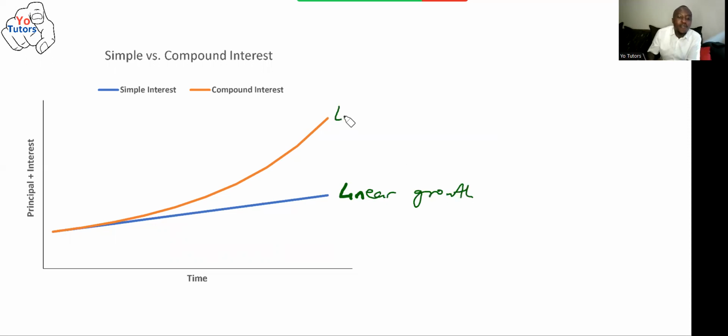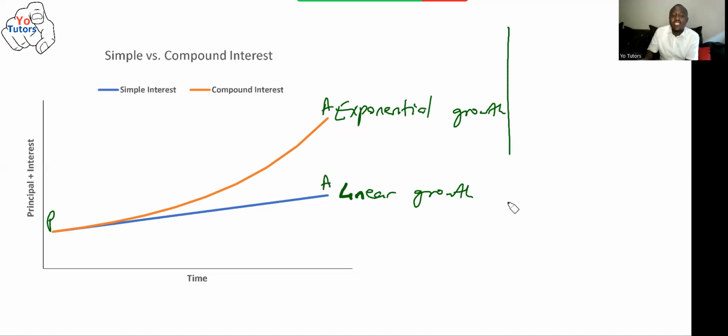Then here is exponential growth for compound interest. So it's better to invest with compound interest than with simple interest, because you earn more money. Here is our principal, the initial amount, then this one is the accumulated amount.